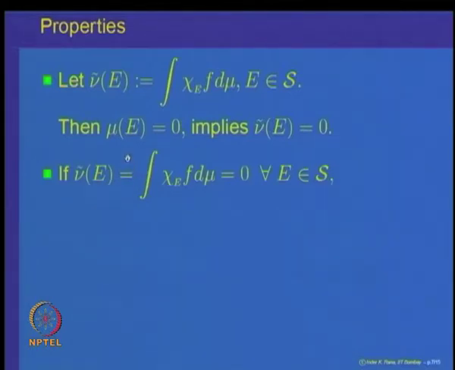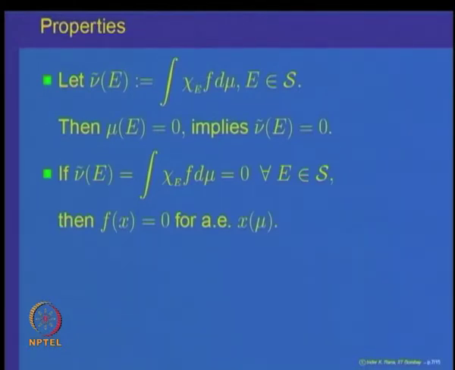Here is another important property. Let us look again at the same value nu tilde of E, which is equal to the integral of f over E d mu, and suppose this is equal to 0 for every set E in the sigma algebra. Then the claim is that this function f must be equal to 0 for almost all x with respect to mu.